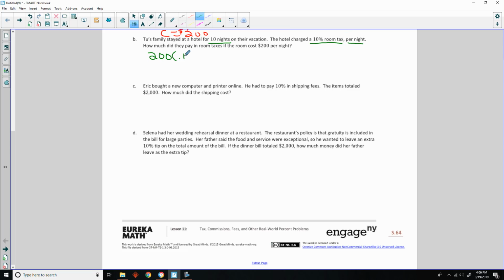So times 10% or 0.1 equals $20 per night. How much did they pay for the room tax for 10 nights? Multiply that by the number of nights, and it was $200 in taxes, and $2,000 for the room.